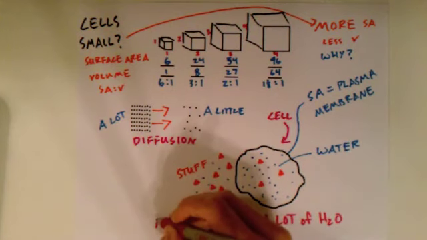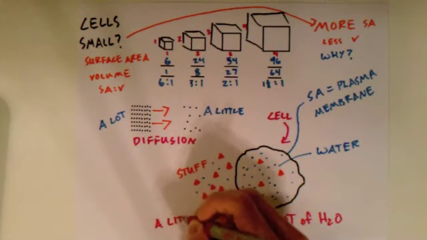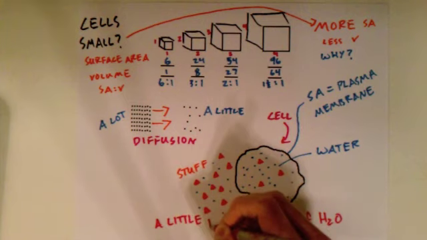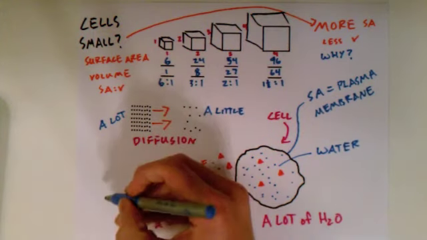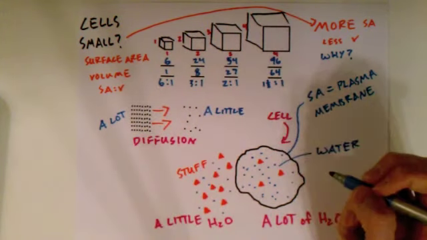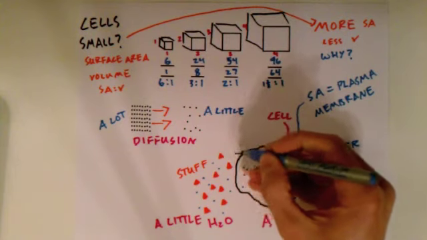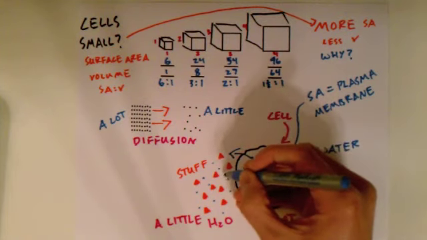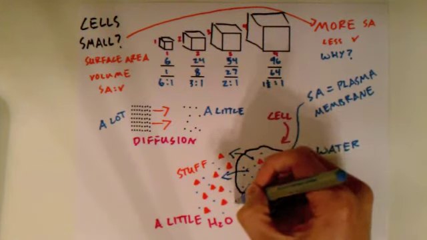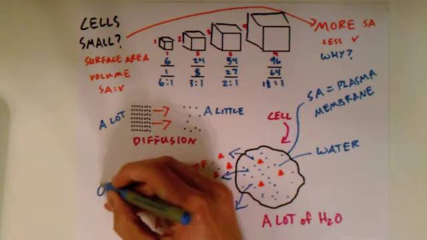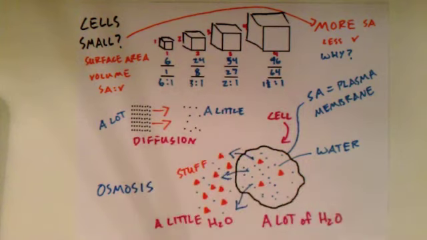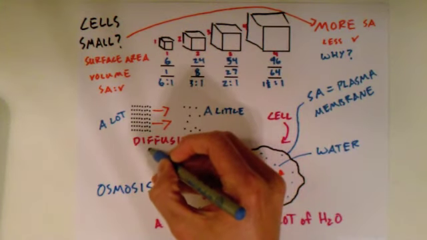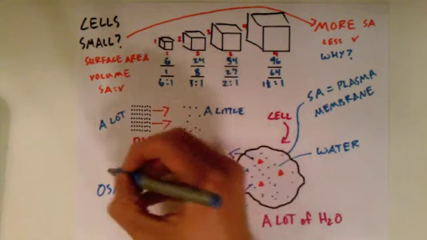So high concentration inside the cell and a low concentration on the outside. And according to diffusion, when you have a high concentration, it moves from that high concentration to the low. So in this case, it's going to move outside of that cell, across the plasma membrane, into the surrounding area. And this process is called osmosis, which is basically the diffusion of water.